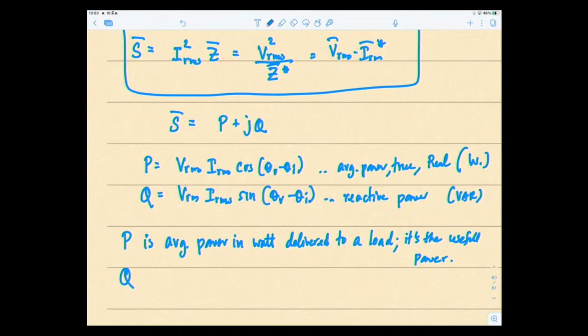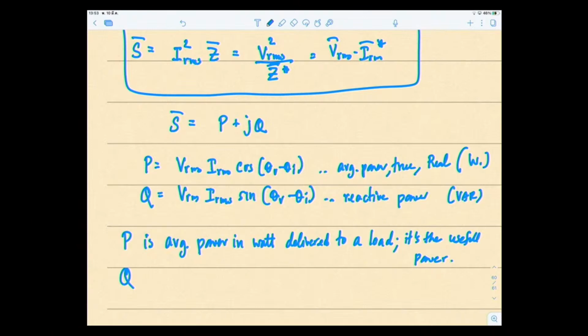In an inductor or capacitor, Q is pretty much the rate at which it stores and returns energy. And the reactive power doesn't really represent any energy loss due to conversion to heat, same as a capacitor.